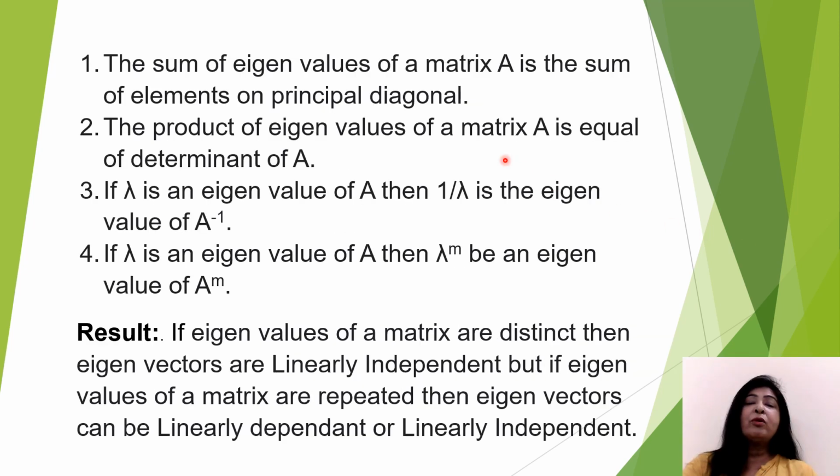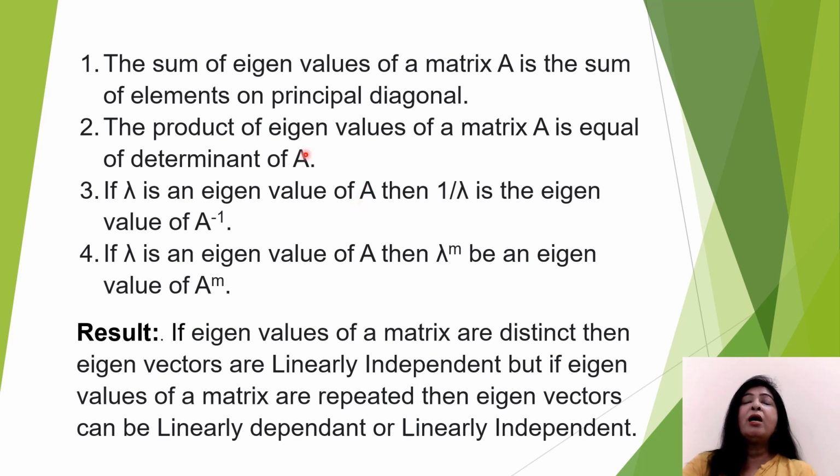Next, the sum of the eigenvalues of a matrix is equal to the sum of the elements on the principal diagonal. Say A is a matrix of order 2, then whatever eigenvalues you calculate, their sum will be equal to the sum of the elements on the diagonal.